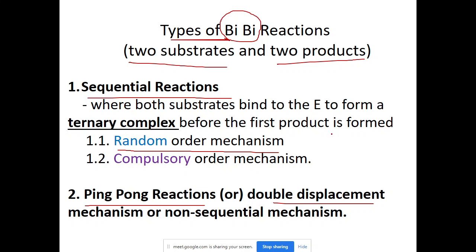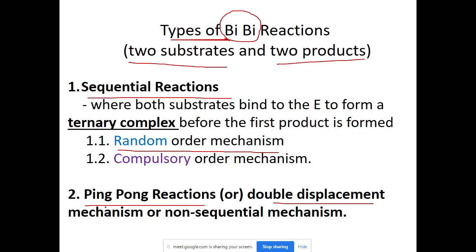So that is called sequence. There is a sequence being observed in reactions involving two substrates. The sequence is that both substrates must bind to the enzyme, leading to the formation of the ternary complex before the first product is formed. So this is called a sequential reaction, which means there is a sequence being observed.